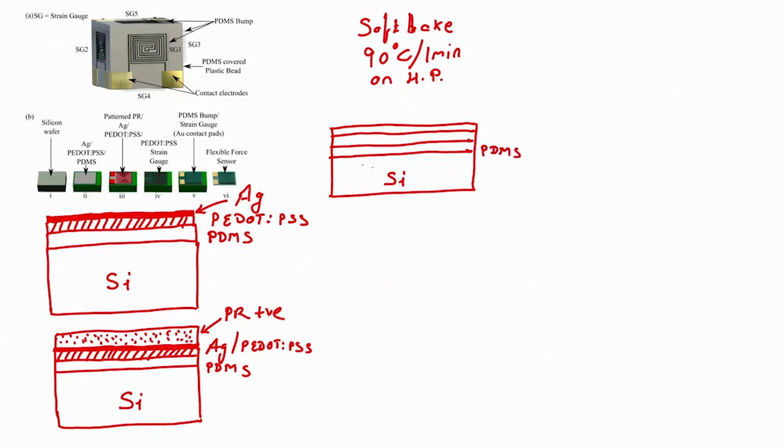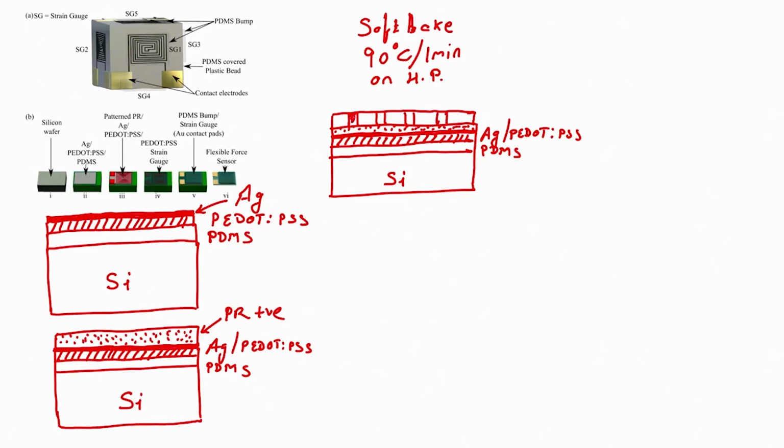PDMS, then we have silver, PEDOT:PSS. On that, what do we have? We have photoresist. On photoresist, what is the next step? We have to load the mask and align the mask. Load the mask and align the mask.